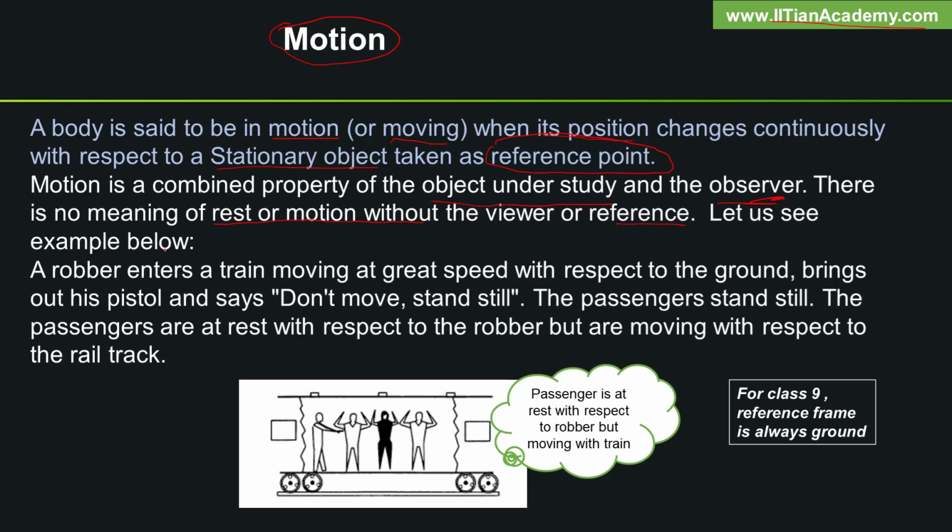Let us see an example below. A robber enters a train, moving at great speed with respect to the ground, brings out his pistol and says, "Don't move, stand still."